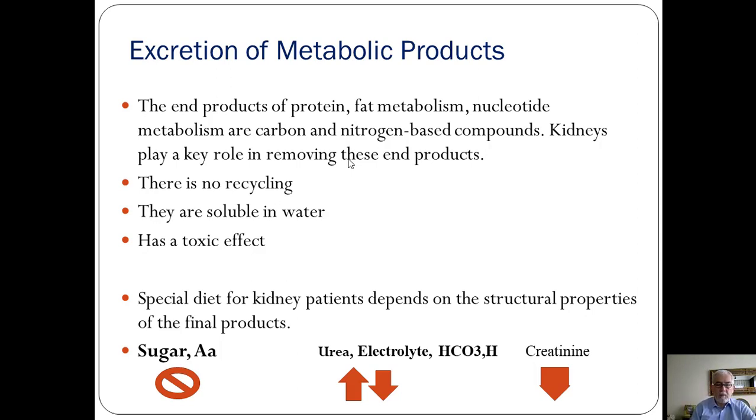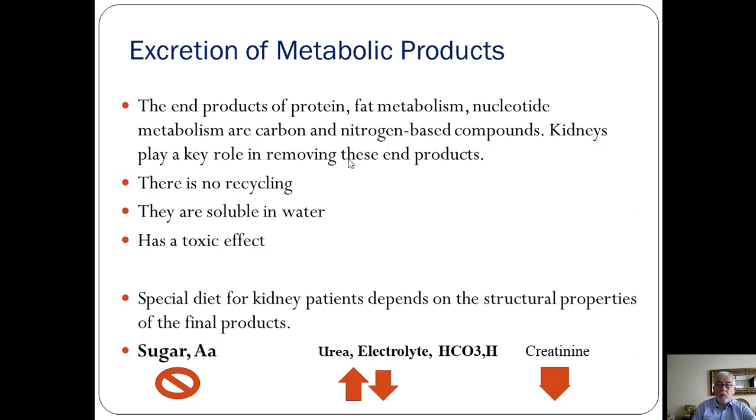Another function is excretion of metabolic products, another important role for kidney metabolism. The end products of protein, lipid, and nucleotide metabolism are carbon and nitrogen-based compounds. Kidneys play a key role in removing these end products. Kidneys do not allow the loss of glucose, amino acids, and formed elements of the blood, and protect these molecules. Sometimes it takes back some molecules, such as urea, bicarbonate, and uric acid.